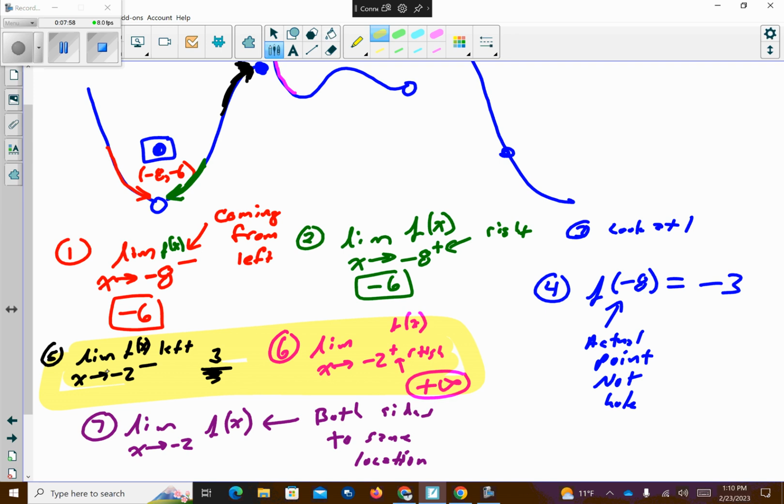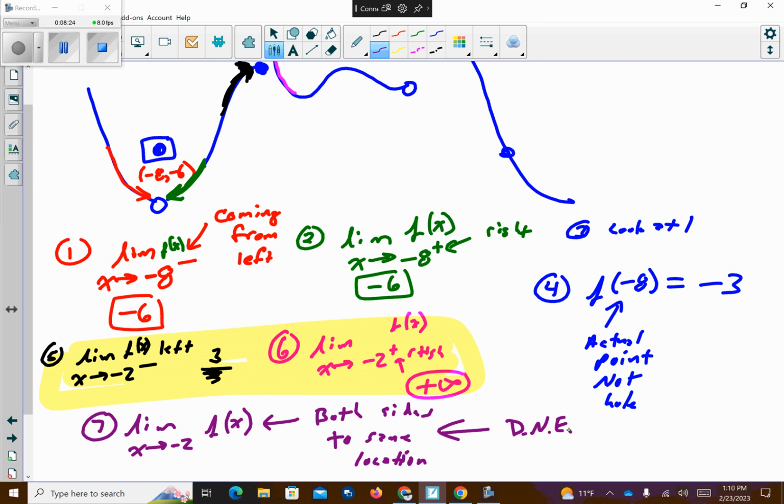Whether I came from the left or the right, do I get to the same spot? Well, one way I get to 3 and one way I get to infinity. Are 3 and infinity the same number? Not this week. So does this limit exist? Nope. So this limit does not exist. DNE. It's supposed to be a DNE.